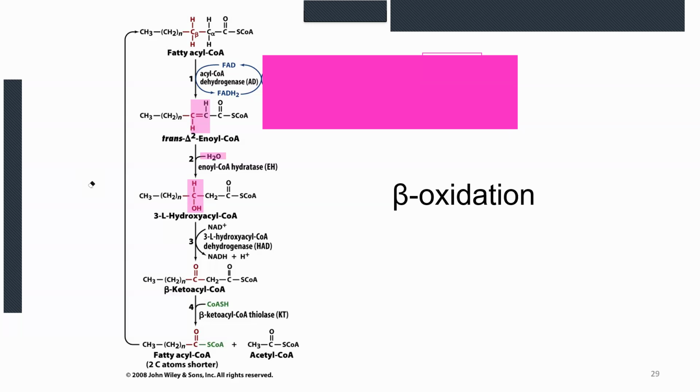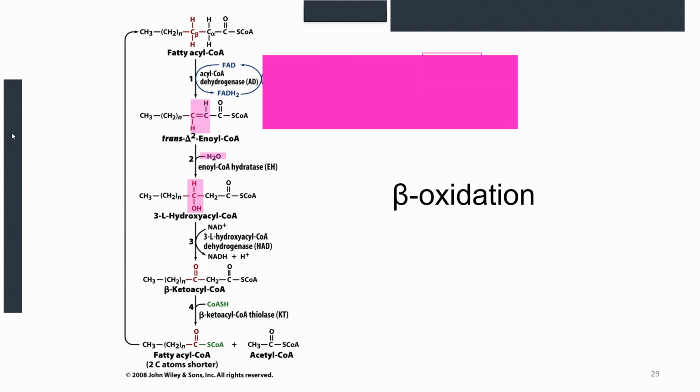So if you want to think about the steps of beta oxidation: remove electrons, add water. Those are your first two steps. The third step, let's look at our enzyme name, 3L-hydroxyacyl-CoA dehydrogenase.